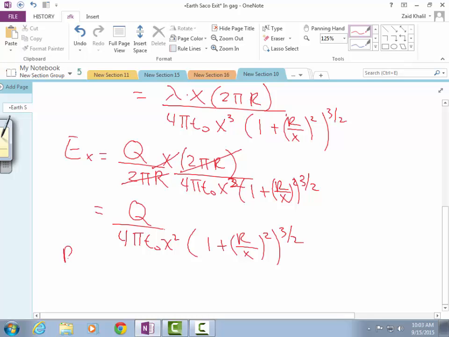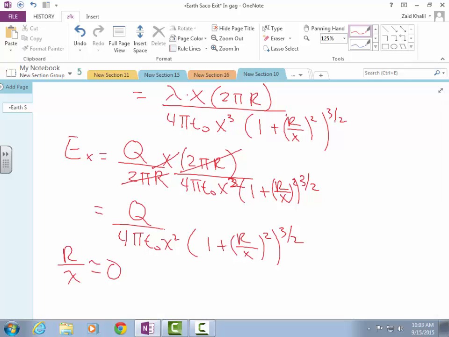But what's r over x approximately? That's right. So therefore, the electric field is approximately Q over 4 pi epsilon 0 x squared.